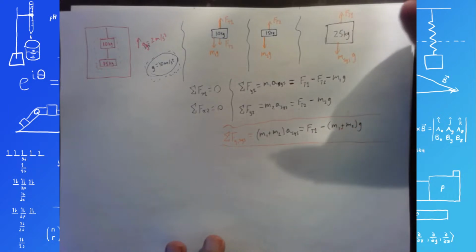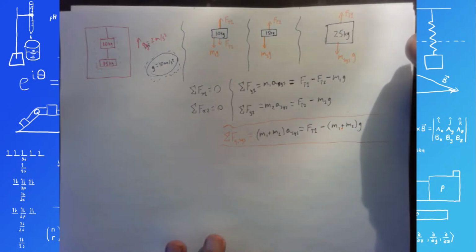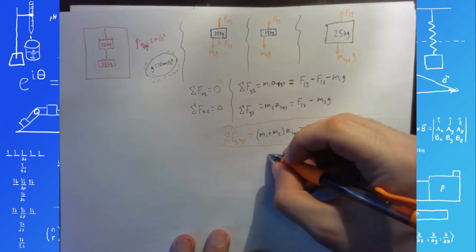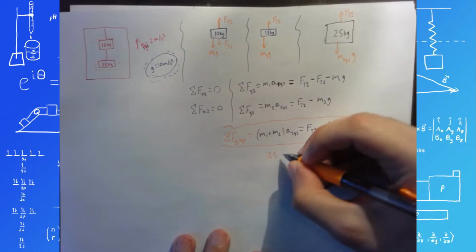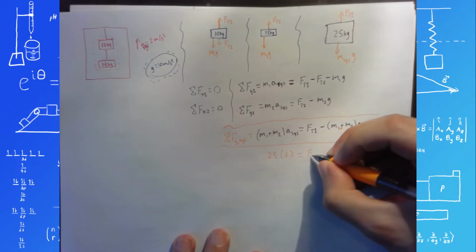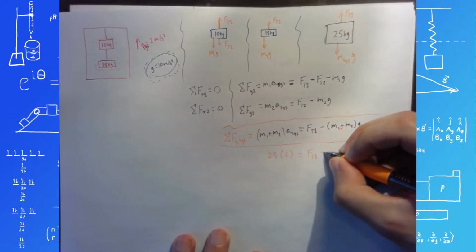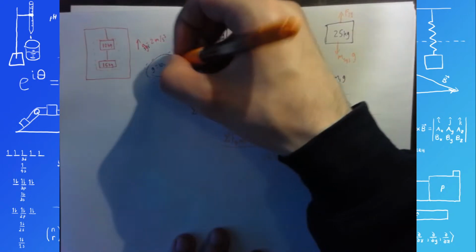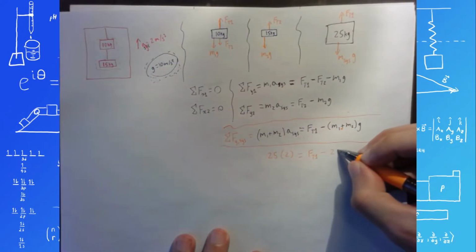Anyway, if I go ahead and plug in my numbers, I'm going to get 25 times the acceleration, which is 2, equals force of tension 1 minus 25 times G. I'm using 10 for G here, so that's minus 250.